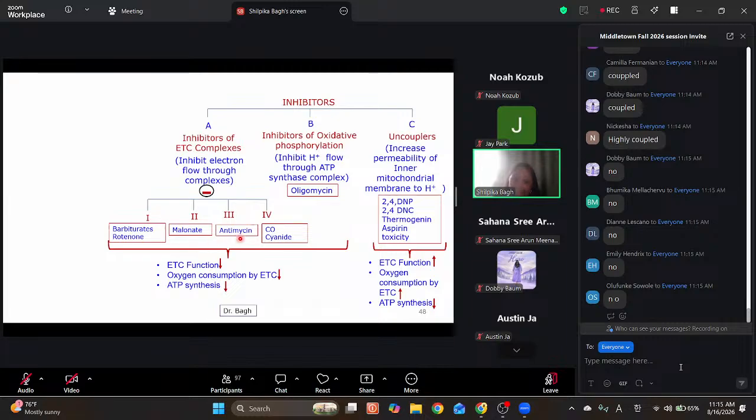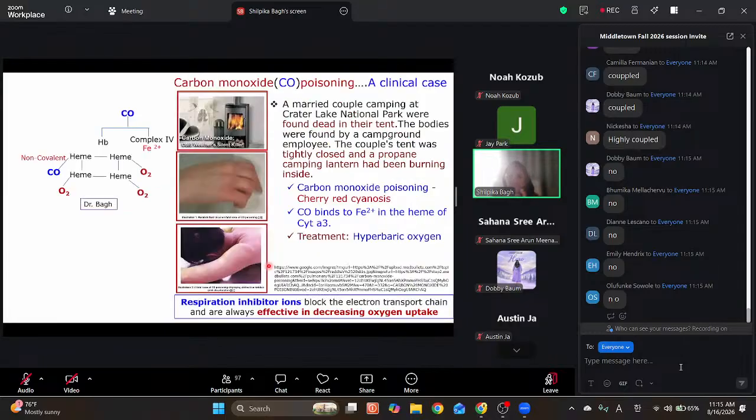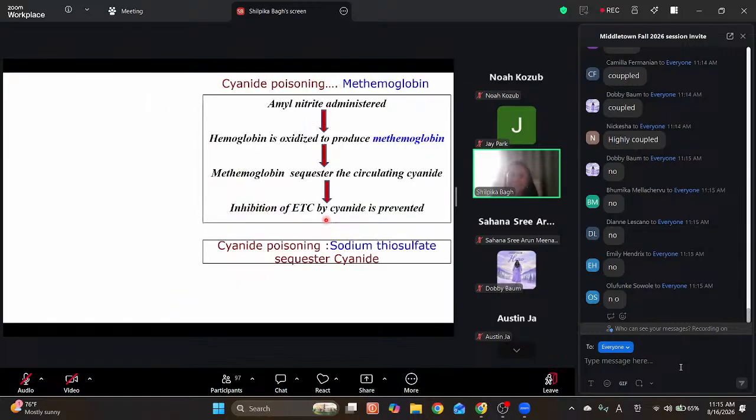Then its mechanism of action, as I explained in the previous slide. Then its overall outcome. Carbon monoxide and cyanide, very good. Somebody said carbon monoxide binds to Fe2+ of complex 4. Binding is reversible. Overcome by what?